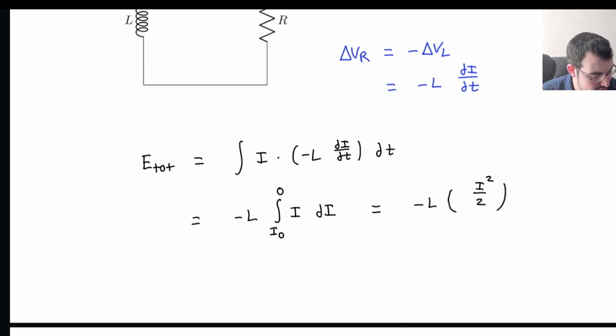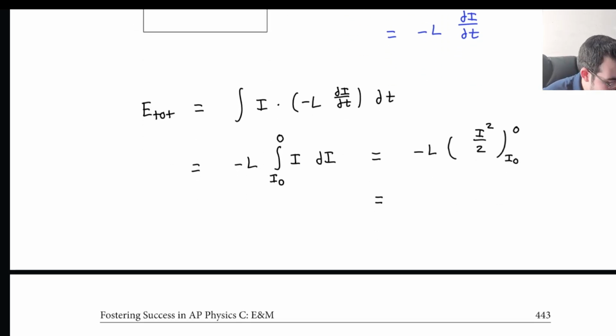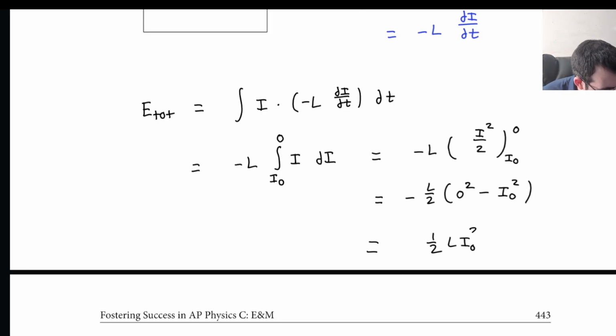And we plug in from I0 to 0. If we do that, we pull out the 2, and get negative L over 2 times 0 squared minus I0 squared. And what do you know? The negatives cancel out, and we get 1/2 L I squared, exactly as we expected to find for our energy dissipated.